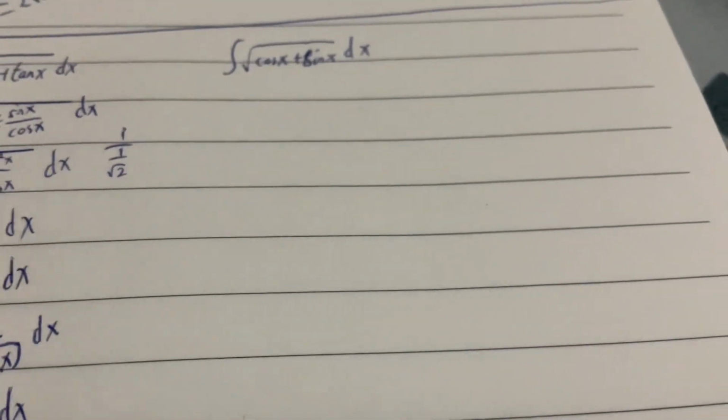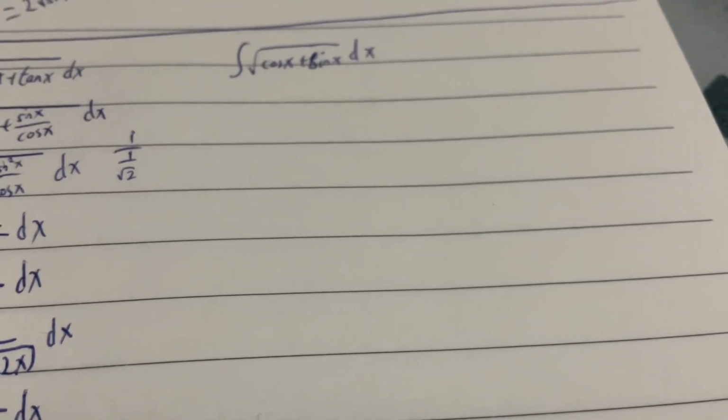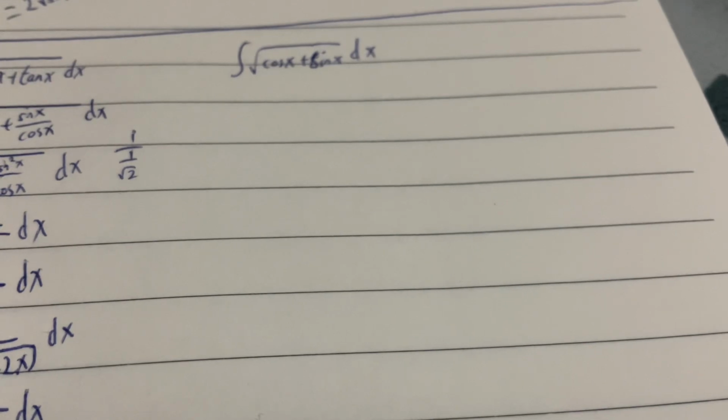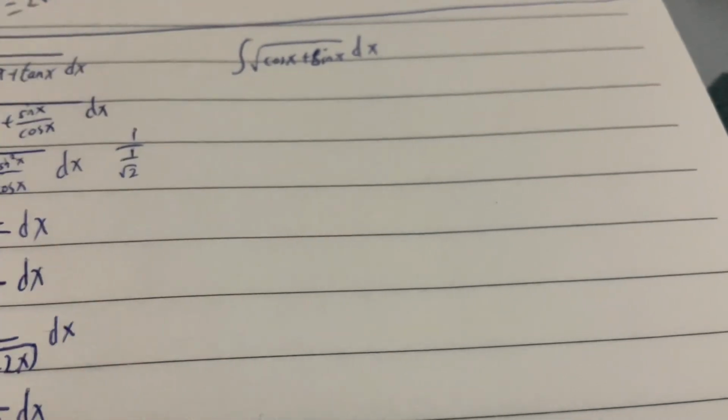And the second one, square root of cosine x plus sine x. Here, how can we write it in terms of cosine?